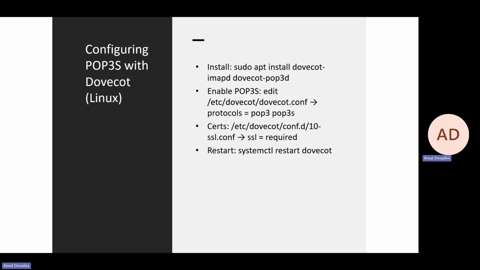Then in the SSL configuration file, set SSL to required and point to the certificate and key files. Finally, restart Dovecot so the changes take effect. At this point, the POP3S service should be listening on port 995, which is for secure POP3.